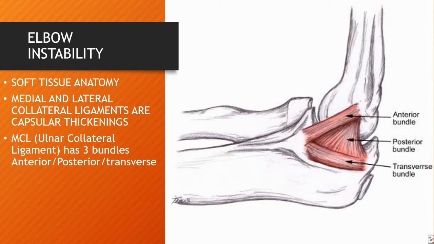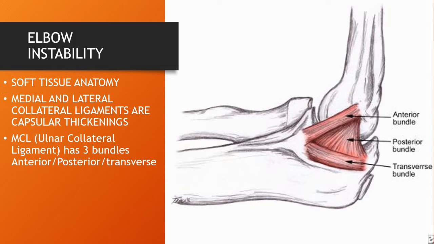And then on the exterior surface of the joint capsule are these thickenings, these localized aggregations of increased, enlarged collagen bundles that run in these linear directions here. So the medial collateral ligament, which is what we're looking at here, has three bundles.